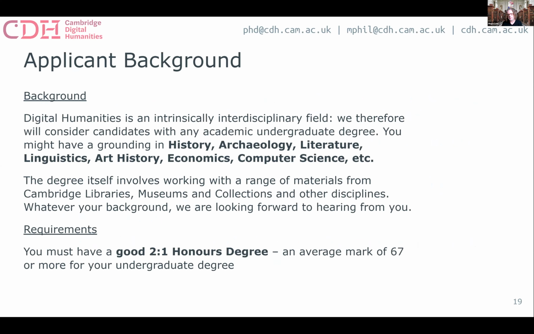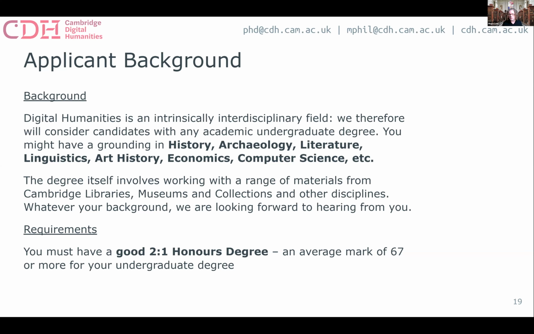In terms of applicant background, I already mentioned this. Digital humanities is interdisciplinary. I would go so far as to say that it is transdisciplinary. So we consider candidates from any academic undergraduate degree. You could be a historian, come from literature, from art history, from computer science, from social sciences.